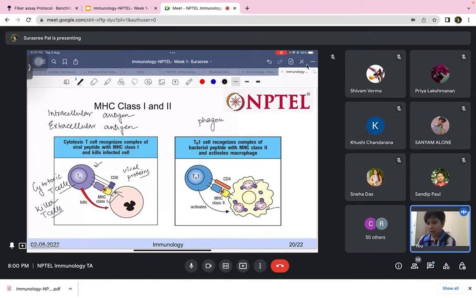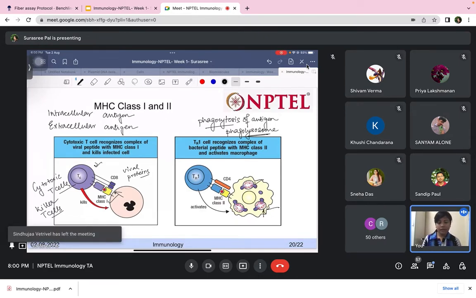The macrophages cause phagocytosis of the antigen, right, and it forms a phagolysosome. Phagolysosome is the fusion of the phagosome with the lysosome, and these vesicles of phagolysosome actually process these types of antigens, and then these antigens are presented by MHC class 2, right? So MHC class 2 can present extracellular antigen to the T cells.